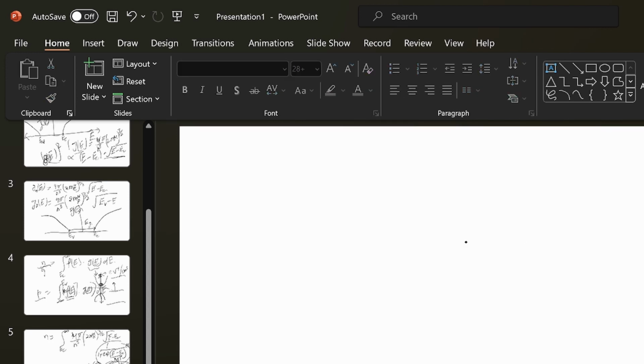What we are saying is, if we represent this E and this is f(E), this is the EC. Density of states is going like this, and this is EV. Density of states for the holes is going like this.